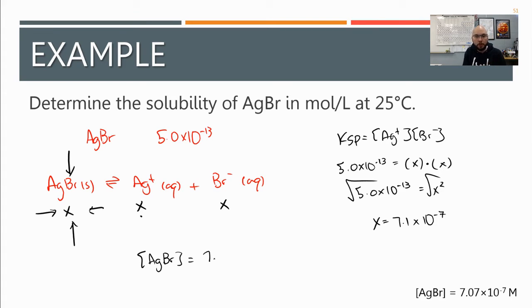So we're going to say 7.1 times 10 to the negative 7. And then we need to include a unit for this, right? So molar solubility is measured in moles per liter, or we could write this as 7.1 times 10 to the negative 7, big M. They mean the same thing. Both are equally correct. So when we're doing this, we got to be careful that we communicate the molar solubility in moles per liter.